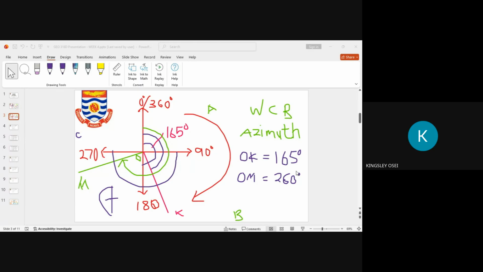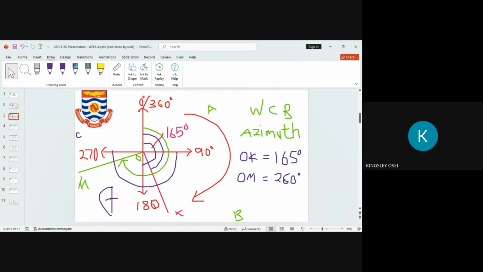So we've seen how the rule applies. Whenever it is whole circle, your thinking should be from the north, I will turn clockwise. The angle I turn to meet my line is the bearing of that line. Good.